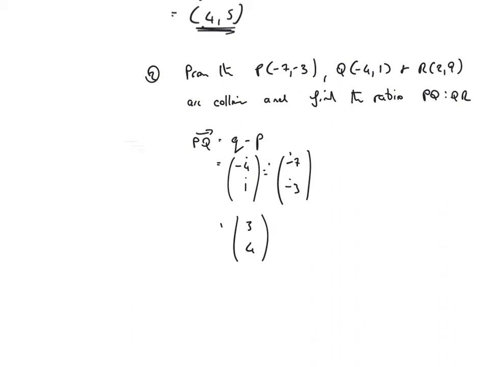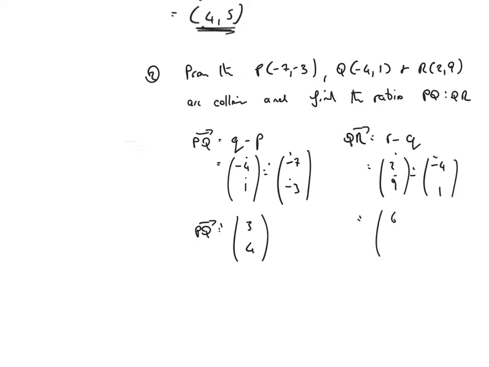Okay, so that's PQ. Okay, next move, let's find QR, which is going to be R minus Q, and that's (2, 9) minus (-4, 1). 2 minus -4 is 6, and 9 minus 1 is 8.